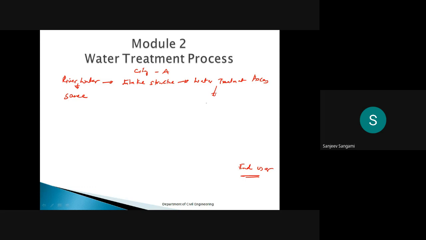Then here the distribution network. Then finally it will be the end user. River water, of course, is the source.